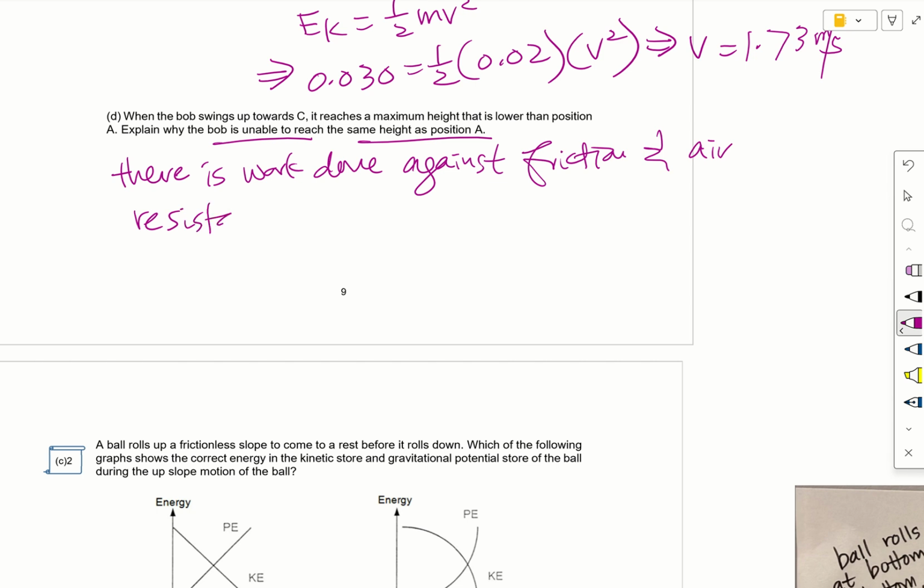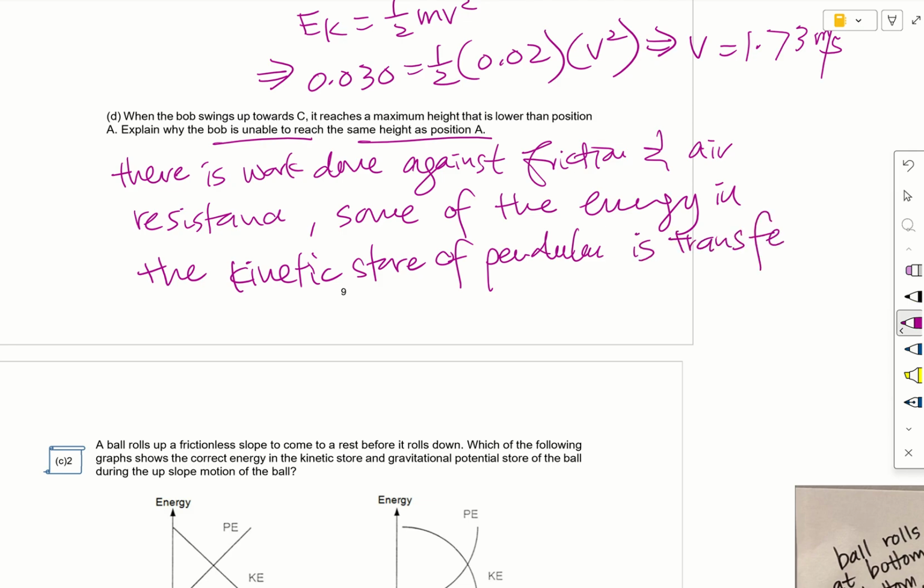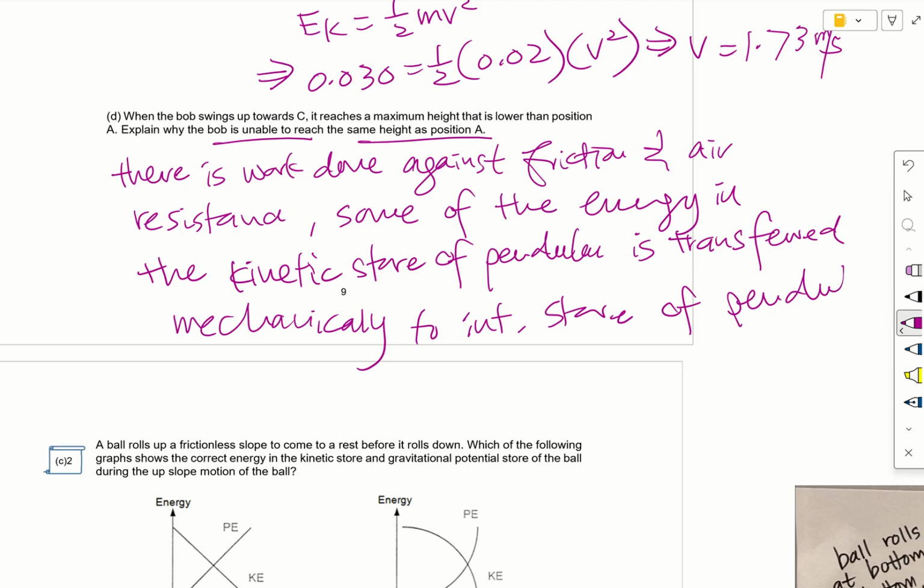Some of the energy in the kinetic store of the pendulum is transferred mechanically to the internal store of the pendulum and surroundings.